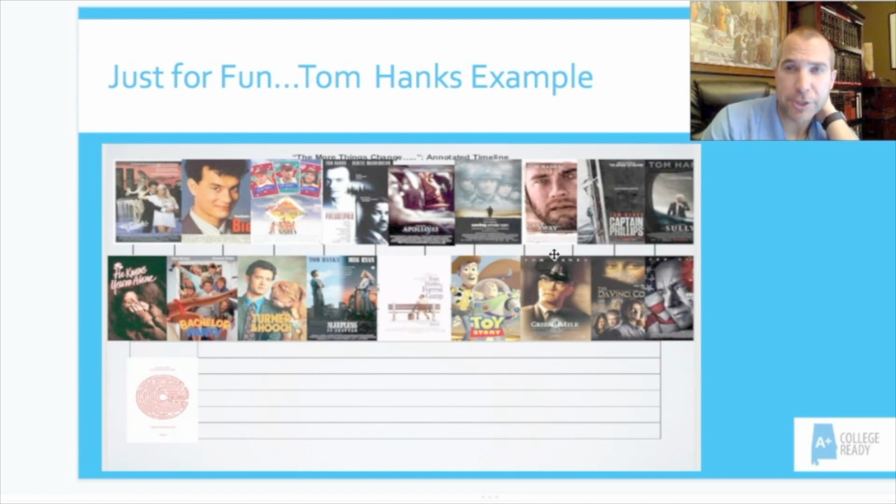If a major change or a major shift occurs in his career, where is it at? Is it somewhere around Forrest Gump? Is it Apollo 13? Philadelphia was the first one that, of course, receives the Academy Award recognition, and where he kind of establishes himself as a serious actor.